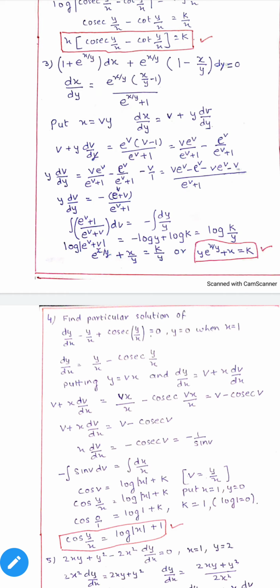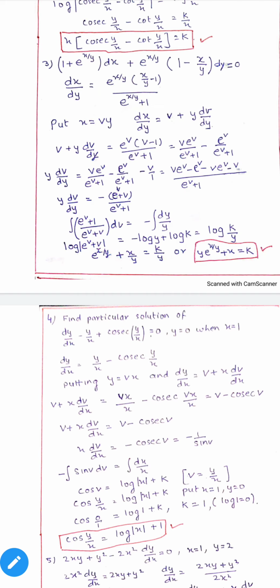Again, log(e^v + v) = −log y + log k. The constant term we are taking in log. Again the division rule, log a − log b = log(a/b), is applied.